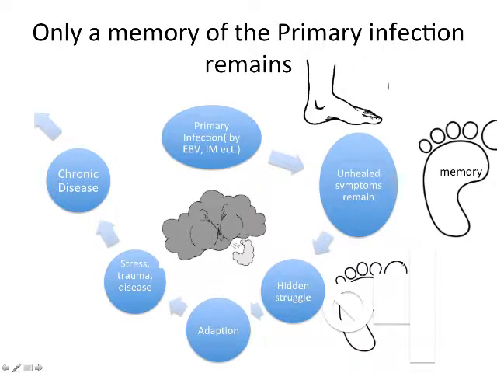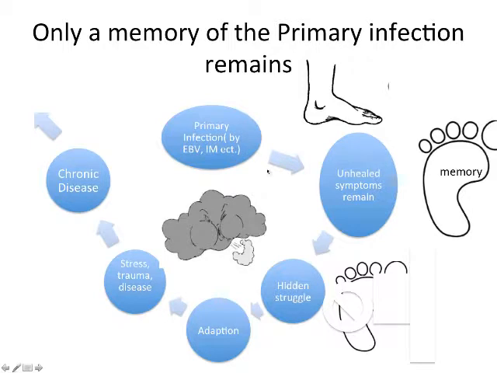Anyway, then you get something that's not totally the original footprint. It looks a little different. It's a hidden struggle. There's lots of wind blowing from trauma and stress, and he's got a hidden struggle, and he's trying to take care of the problem. And so it doesn't look exactly like EBV.